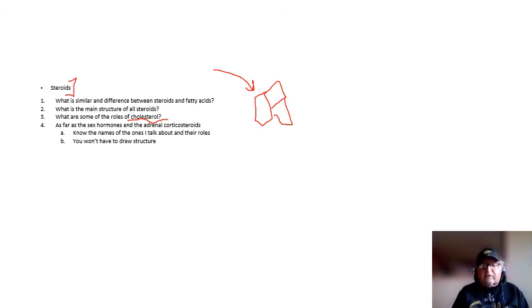That I have covered. You don't have to look it up on Google or in your physiology book, and you don't have to draw them. You just have to know the few steroid hormones that I talked about and their roles. And that pretty much does it for steroids.